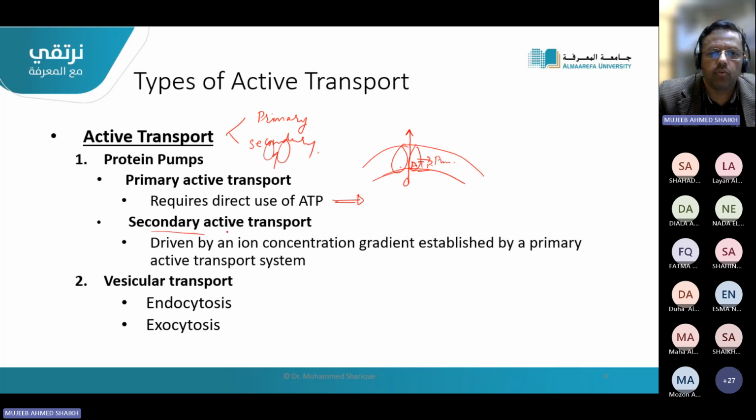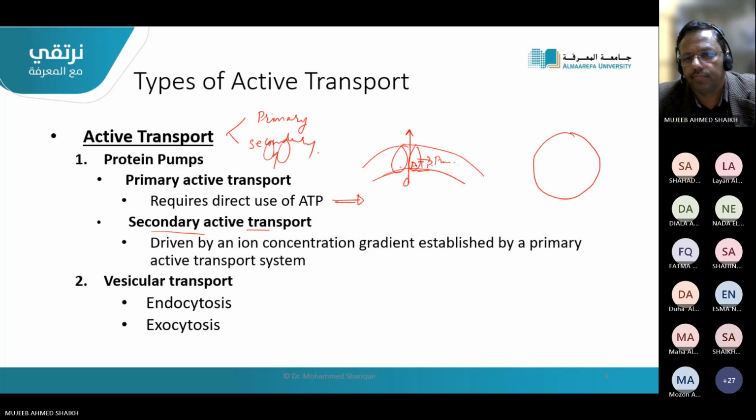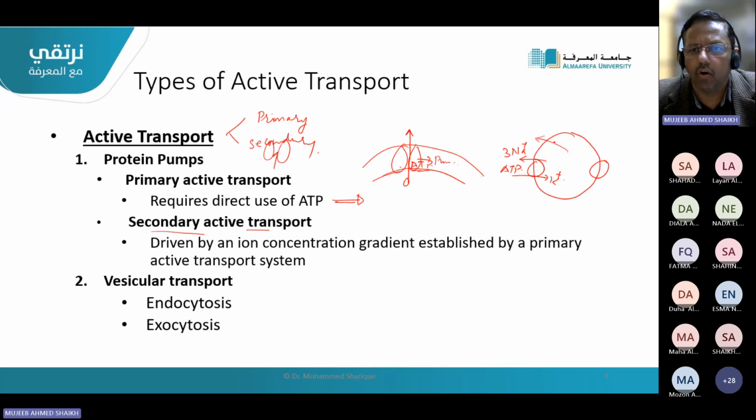What is secondary active transport? In secondary active transport, the energy is driven by an ion concentration gradient established by the primary active transport. I will draw it here. Here is the pump and here is another pump. This one is throwing 3 sodium out of the cell and taking 2 potassium into the cell, utilizing energy. This is called primary active transport. Because 3 sodium are going out all the time, the positive ions are fewer inside now.